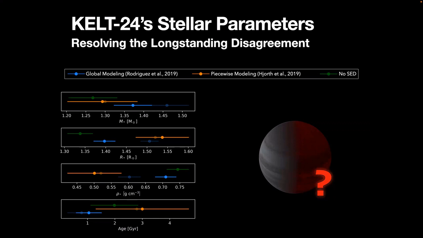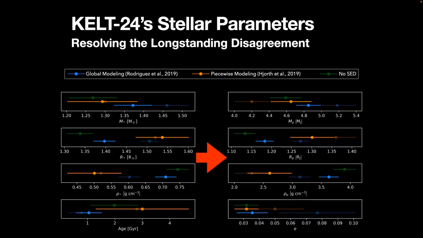But we're still seeing, namely in the stellar density and the stellar radius, a lot of disagreement between these 3 models that in theory should all work and they all consider the same amount of data. So this is a little bit alarming and quite a red flag. And we can propagate these through into the planet and see something similar.